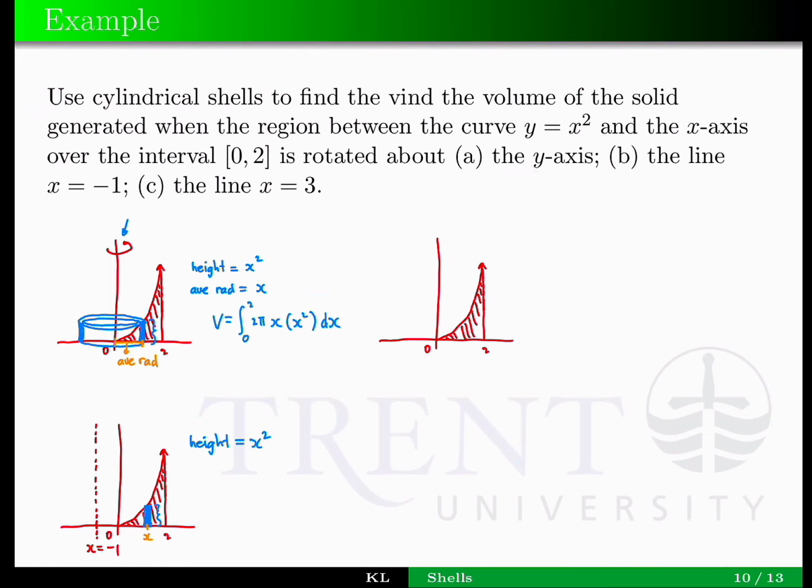If you choose your x to be here, the average radius should be from x going to this one here. From this point going to this point, that's equal to 1 unit.